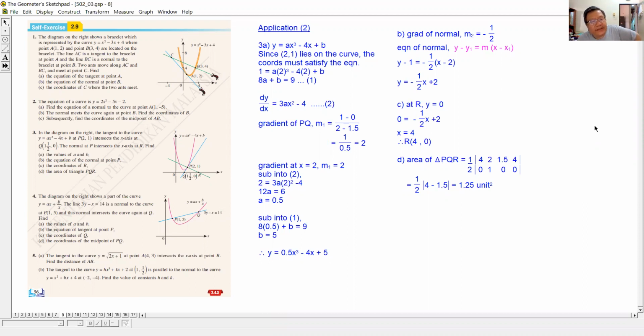Again, for these questions you need to have some basic knowledge of coordinate geometry that you have learned in form 4, because these are about curves and points on the Cartesian plane. So surely they will involve the coordinate geometry that you have learned, whether about parallel lines, perpendicular lines, gradient of the lines, and so on. You make use of it.